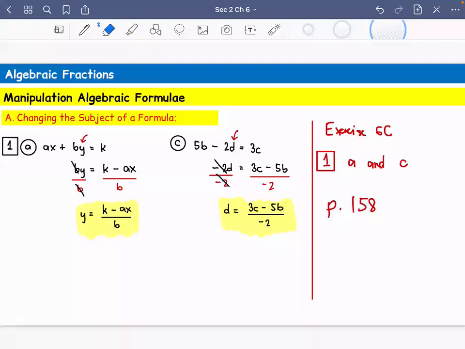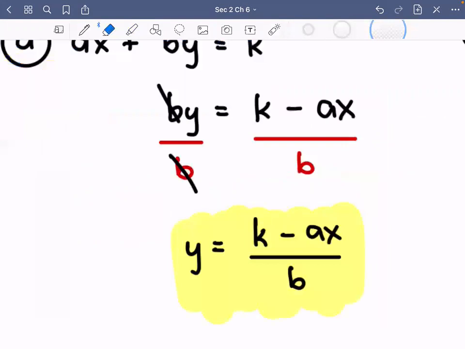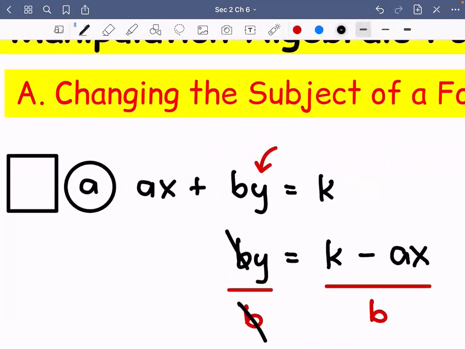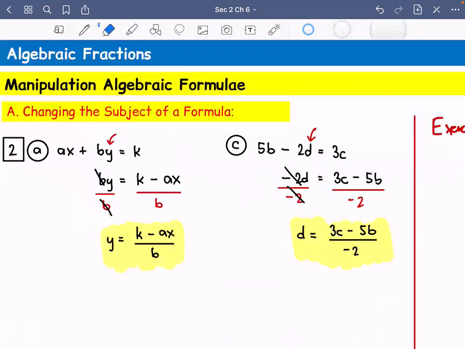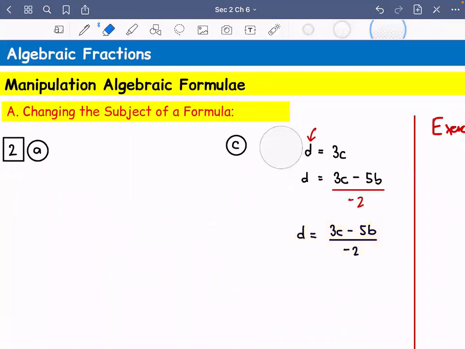So this time, let's have number 2, same letter A and letter C. But this time, we are going to answer number 2.